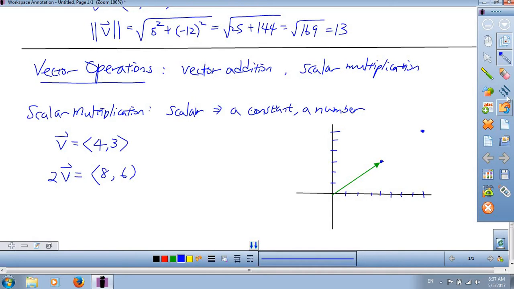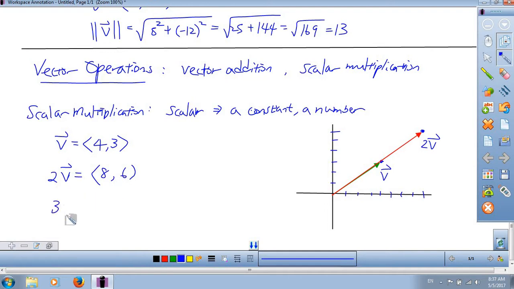It's the same vector, but twice the length. So this is v and this is 2v. You can see it has the same directional angle, it's on top of each other, but it's twice as long as v. So that's why it's called 2v.